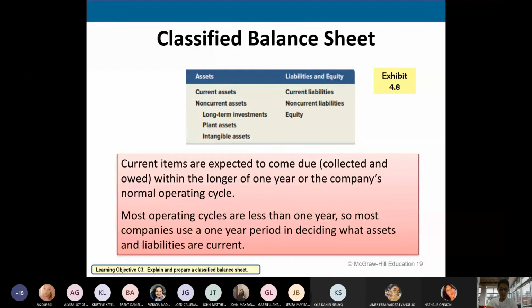Inventory and supplies are also classified as current assets and prepaid accounts, or prepaid assets. Most often, these are classified as current assets. Okay?